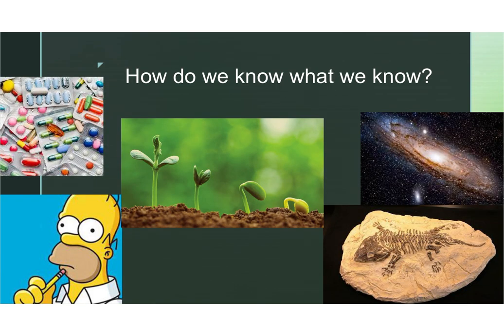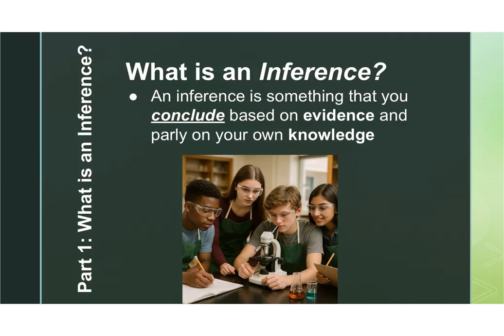Now, with all of the things in biology, how do we know what we know? How do we get to the point where we have a pretty in-depth grasp of what life is? Well, it's all done on the scientific method, but there is one particular part of it that we want to get down, and that is inference. Inference is a conclusion you can make based on evidence that you have collected and tested, and also your prior knowledge of the natural world around you.